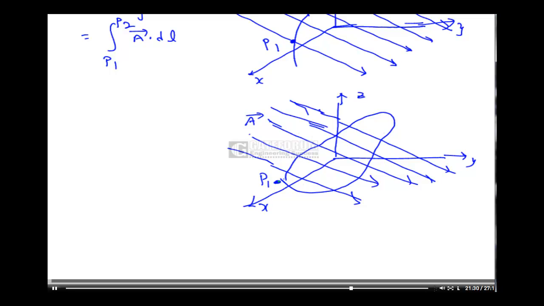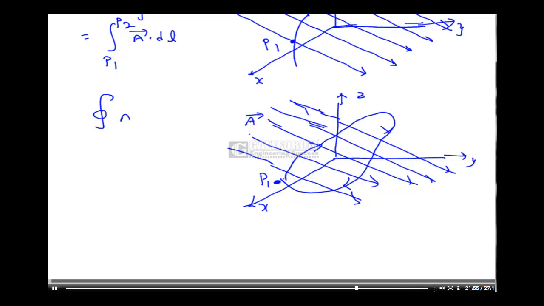This closed contour integration is also called circulation of A bar around a closed path.